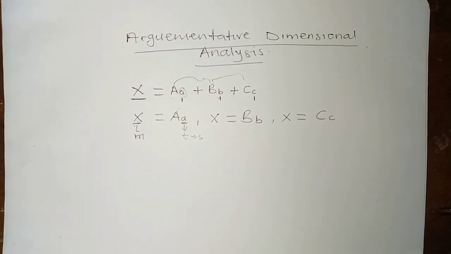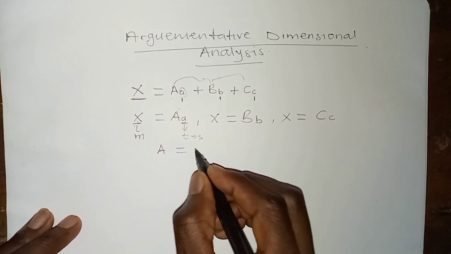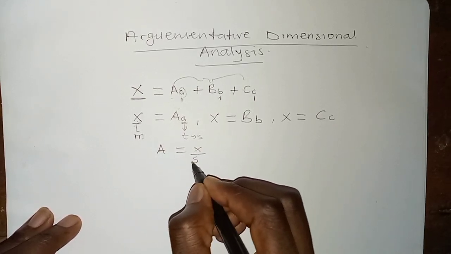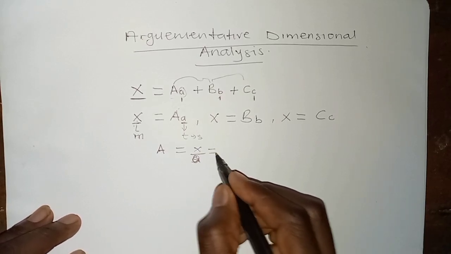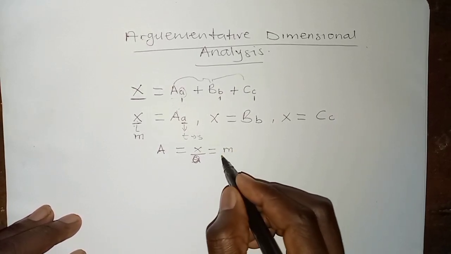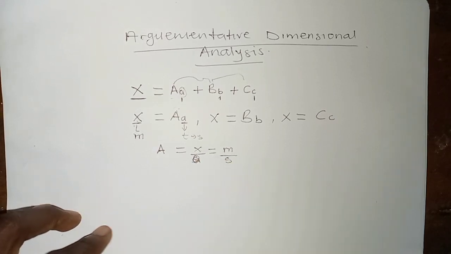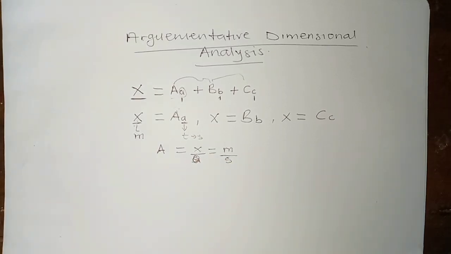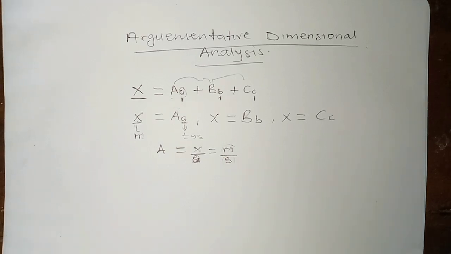Meaning that for us to come up with the dimensions for A, all we are supposed to do is say A has to be equal to x over a, knowing that x is displacement measured in meters, and a, which is time, is measured in seconds. So this is how you deal with the argumentative way of dealing with dimensional analysis. You put the dimension for this and put the dimension for that.